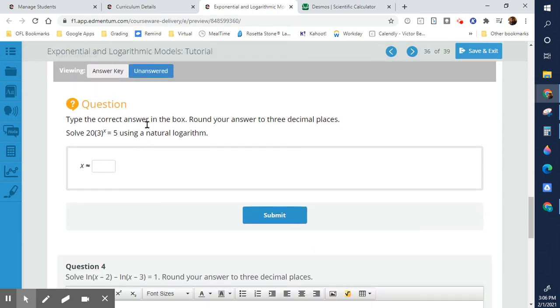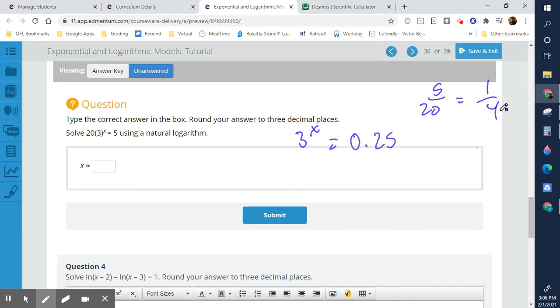So now let's solve for this answer here using natural log. So in order to solve this using natural log, what I'm going to do here is I'm going to divide by 20. So I get 3x equals 5 over 20 is the same thing as 1 over 4. So I get 0.25.